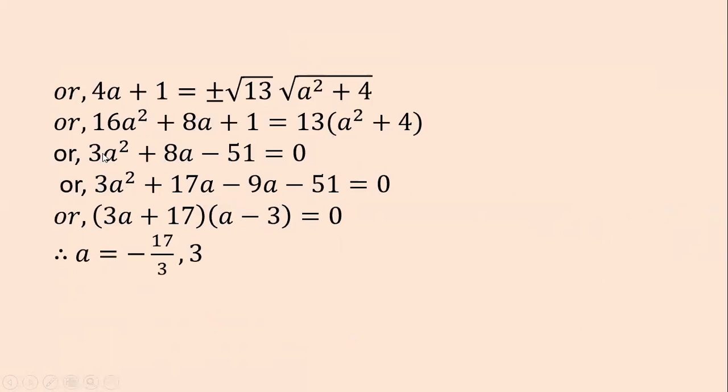See the factorization: this is 3a square plus 8a minus 51, 3a square plus 17a minus 9a minus 51, and after taking common we get two factors, and from this we get a is equal to minus 17 by 3 and 3. So these are the values.